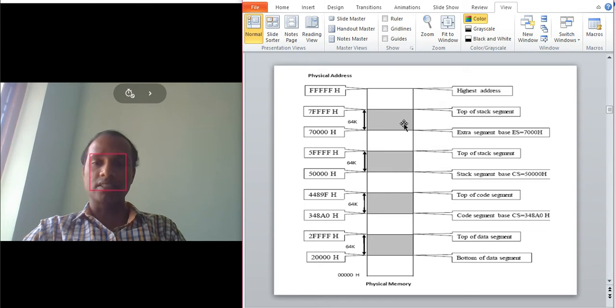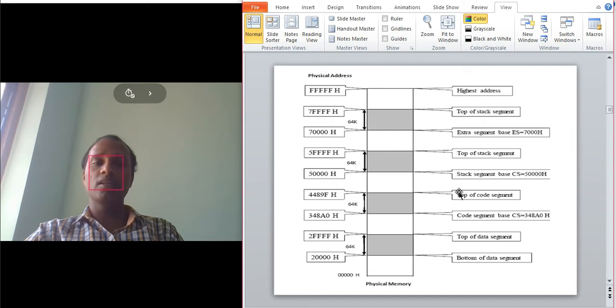In order to access this extra segment memory, we use the segment register ES, the extra segment register, and DI, the destination index register. Depending on the values in the segment registers, the segment memory locations will also change.